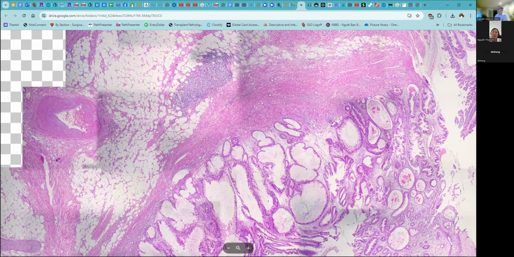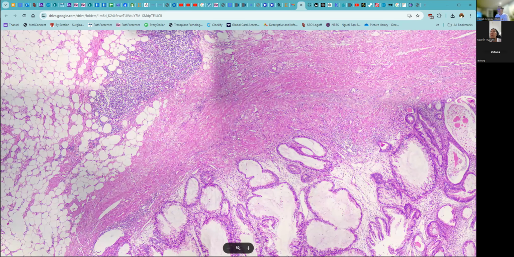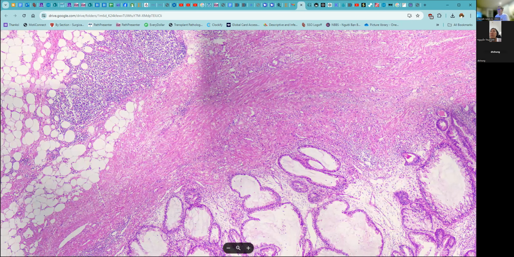So it looks like it's within the renal environment.